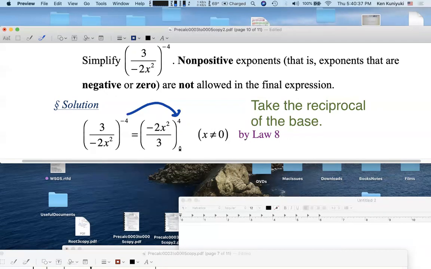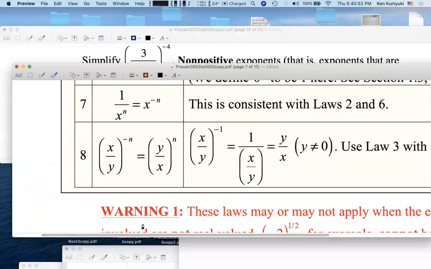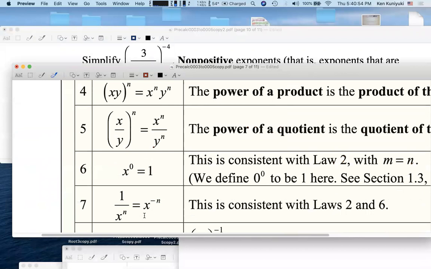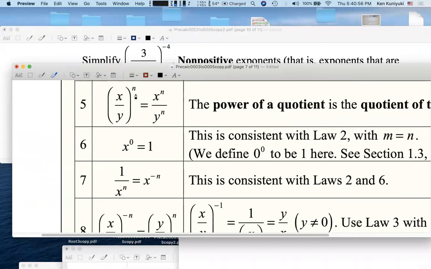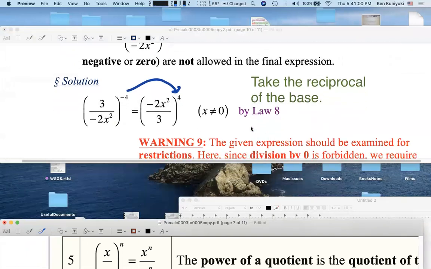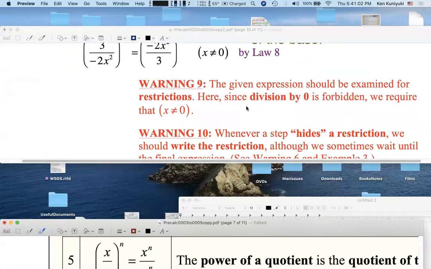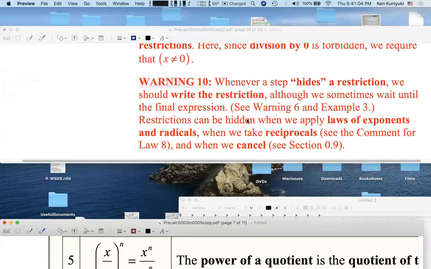All right. Now, different students might perform the operations in a different order, okay? But we basically have a quotient or a fraction being raised to a power or exponent. This exponent can be shared, all right? That's basically rule 5. If you have a fraction raised to an exponent, the top and the bottom share the exponent. The hidden restriction note over here.